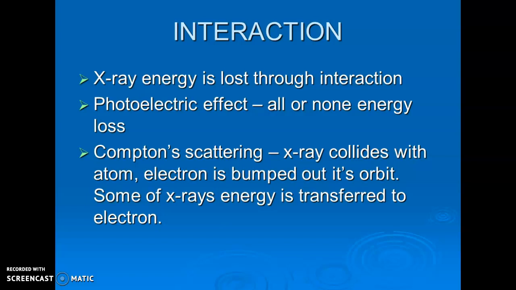Now, that's a concept I wanted you to understand, but there's two types of ways that happens. The photoelectric effect means that either all or none of the energy was lost. Okay, so think about if you're familiar with playing pool, sometimes the cue ball, you'll hit it and it goes down the table and it'll hit another ball.